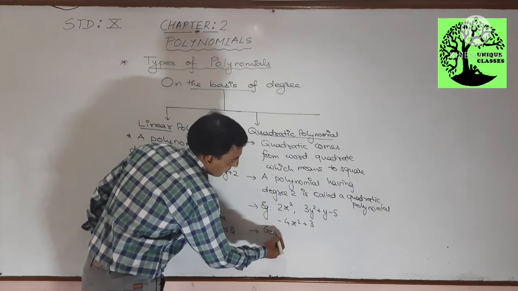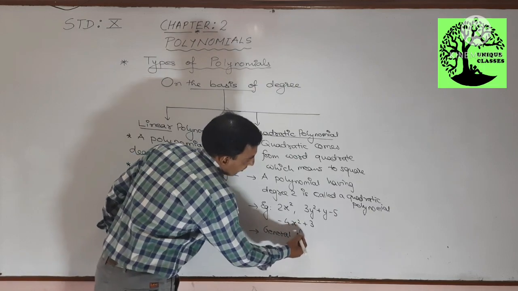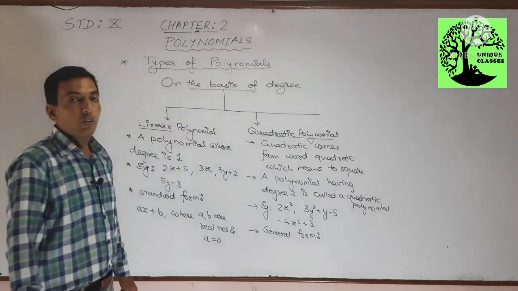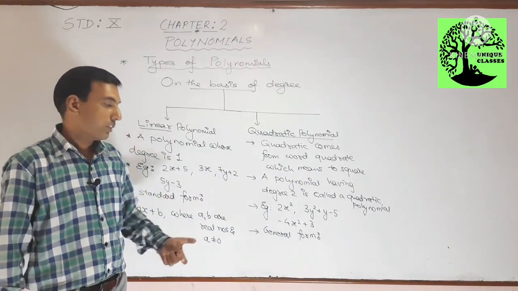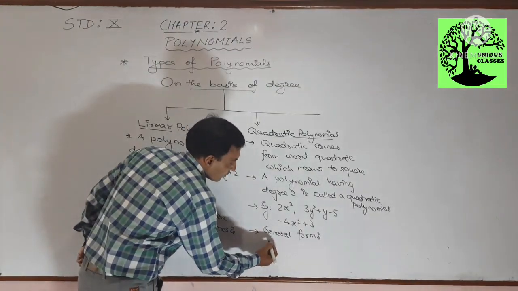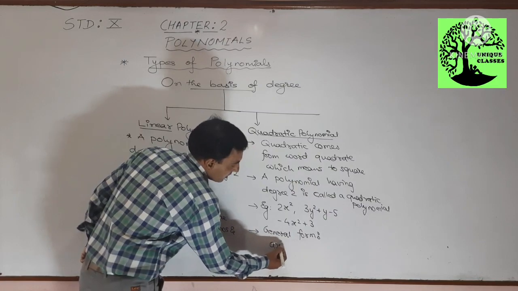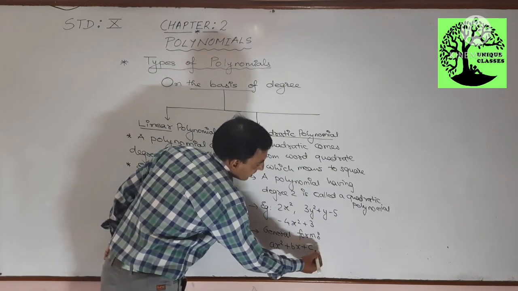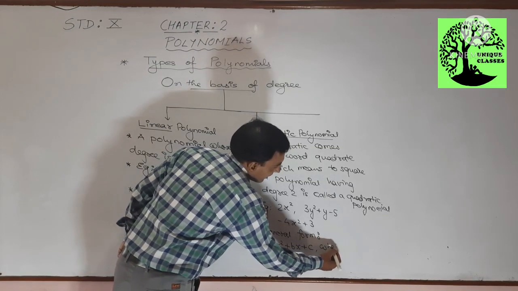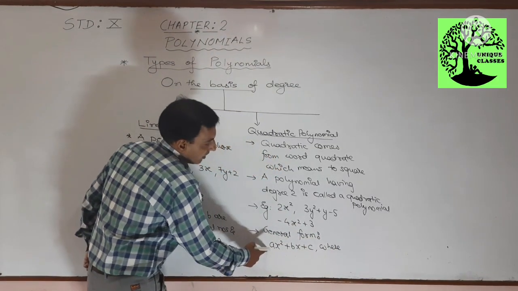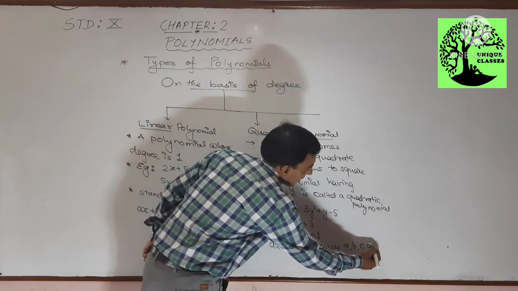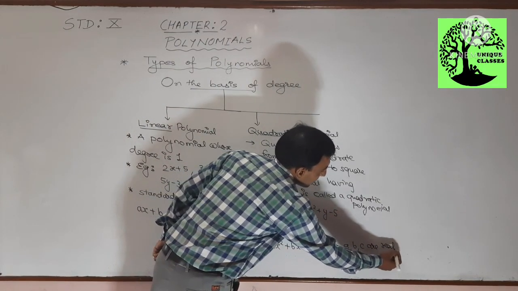Then next, general form. Yes, the general form of a quadratic polynomial, student, which is very important. You must know what the general form is. So, the general form of a quadratic polynomial is ax square plus bx plus c, where a, b, c are real numbers.